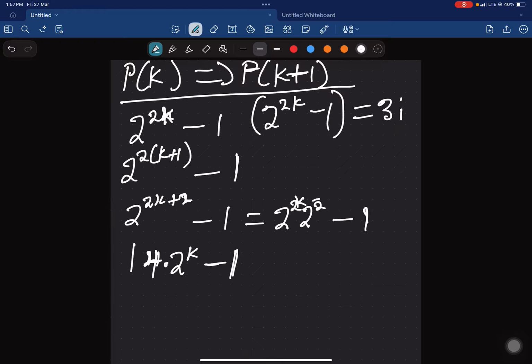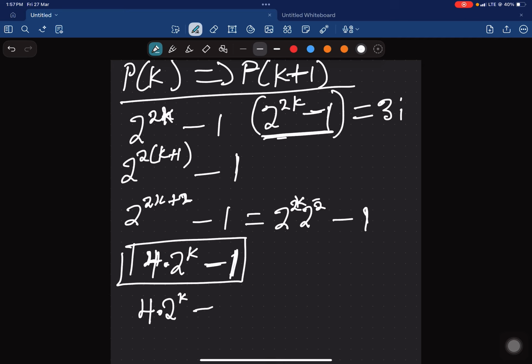So let's manipulate this expression to bring this out. We can rewrite minus 1 as minus 4 plus 3. When we have minus 4 plus 3, it's going to give us the same negative 1. So let's rewrite this as 4 times 2 to the power 2k minus 4 plus 3.